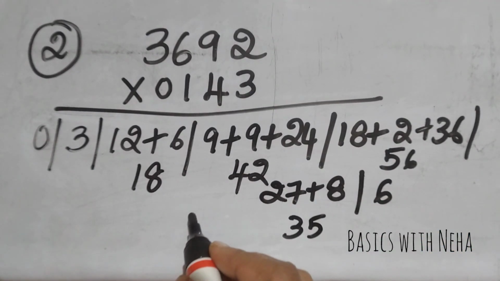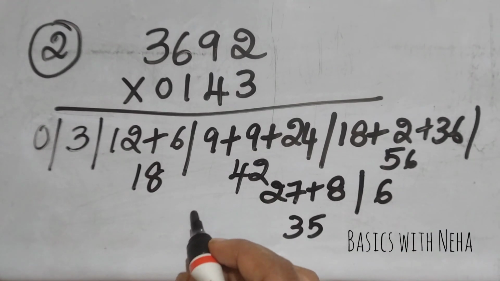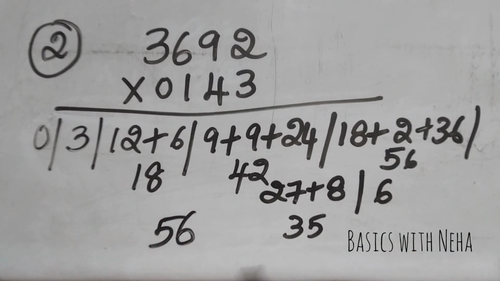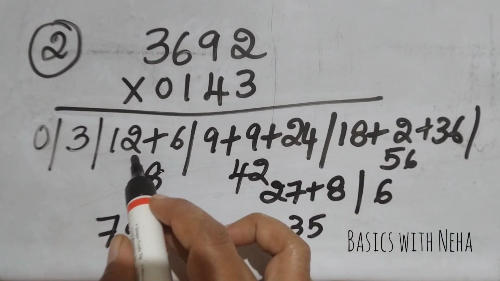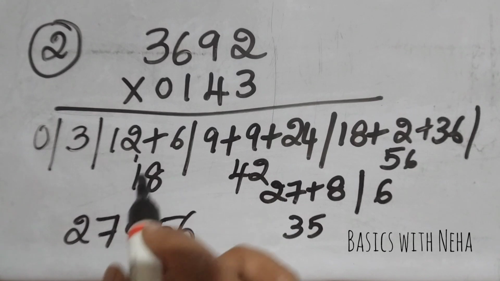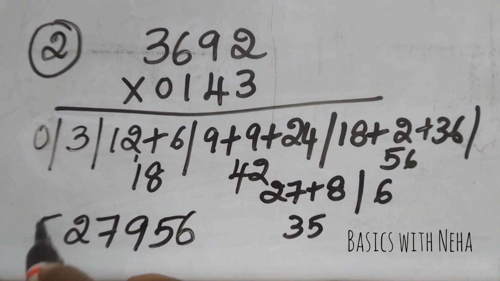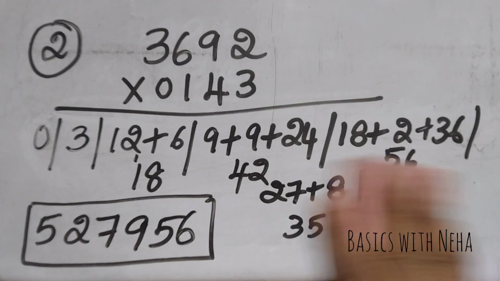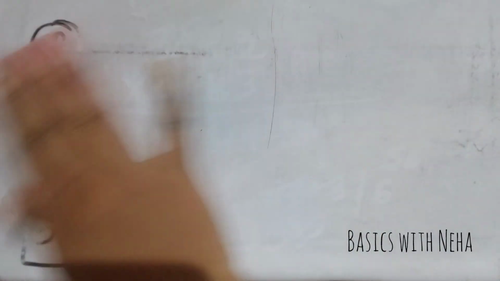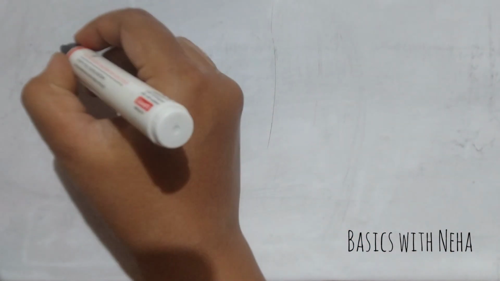So my final answer will be, I'll take 6 as it is, 5 as it is, 3 plus 6 will be 9, 5 plus 2 will be 7, 8 plus 4 will be 12, 1 carry, 1 plus 1 is 2 plus 3 is 5. So my final answer will be 5,27,956.